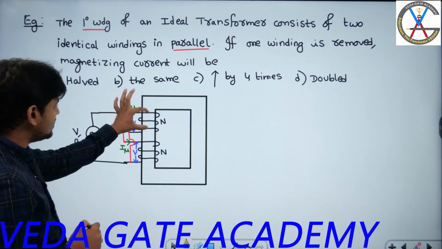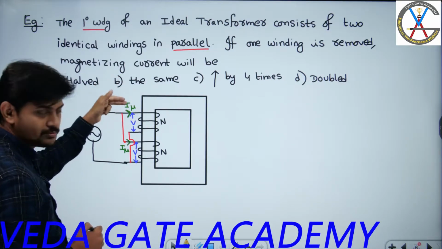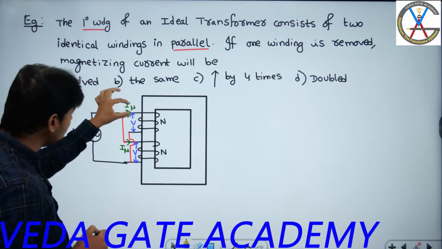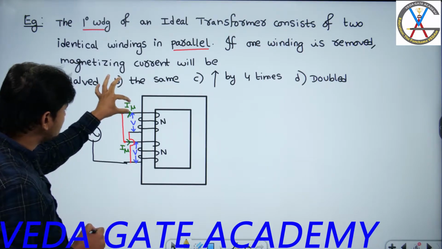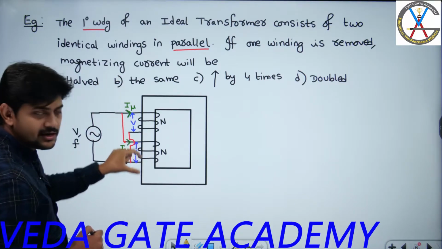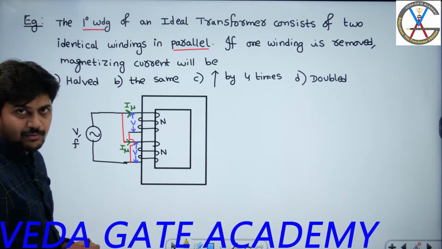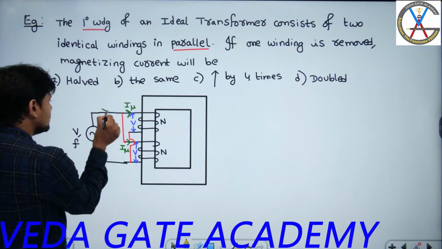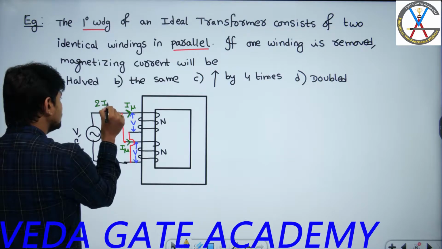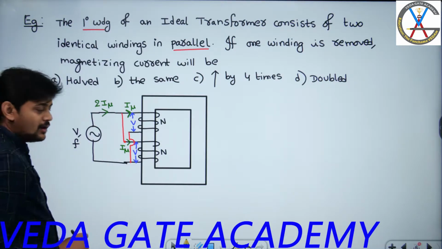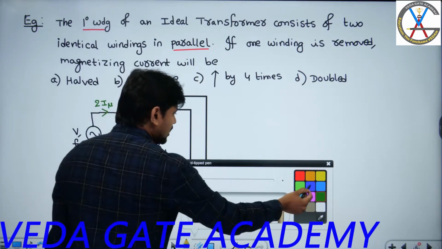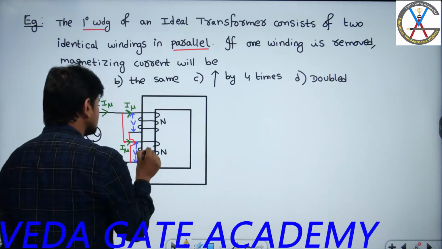This is an assumption I am making. This second identical winding, which is connected in parallel with this, will also draw the same I mu. So the total magnetizing current drawn is how much? 2 I mu.